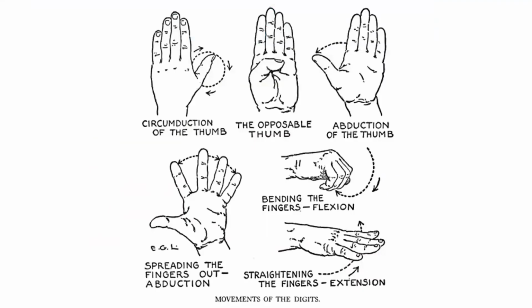You have to know about opposition, and how to measure any limitation by getting a ruler and measuring the distance. For a normal opposition, the tip of the thumb should reach the base of the small finger. Inflection, of course.